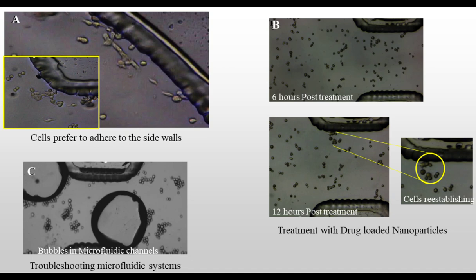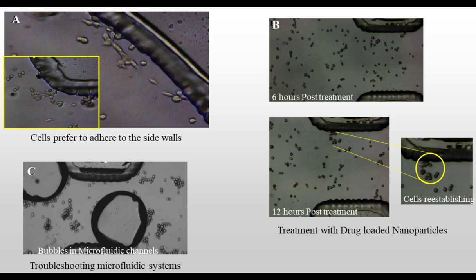In our finding, post 6-hour treatment, cellular death and cell shrinking was observed, but strikingly, after 12 hours, we do observe some cells trying to re-establish and proliferate, which might be useful to explore drug resistance and uneven diffusion of drug in continuous flow. This might help develop better drug molecules to treat cancer.